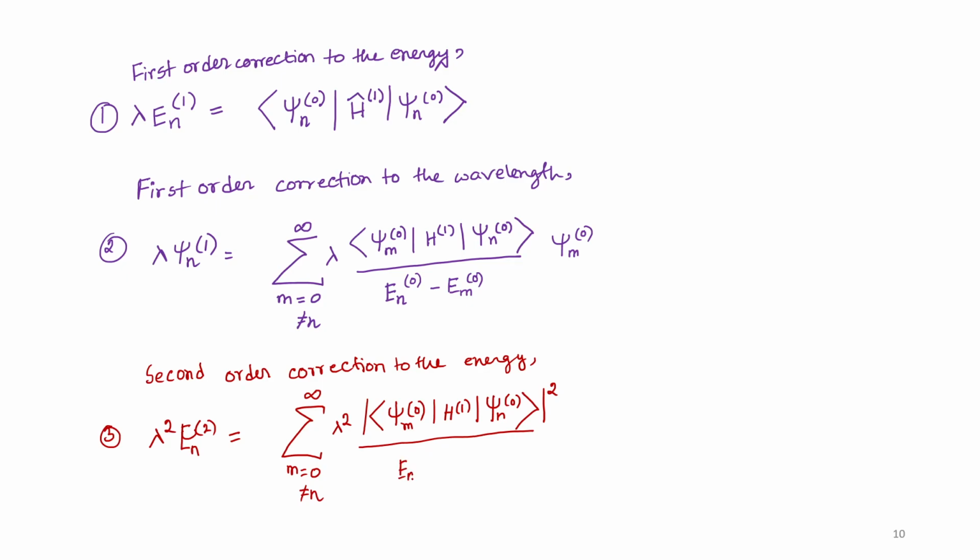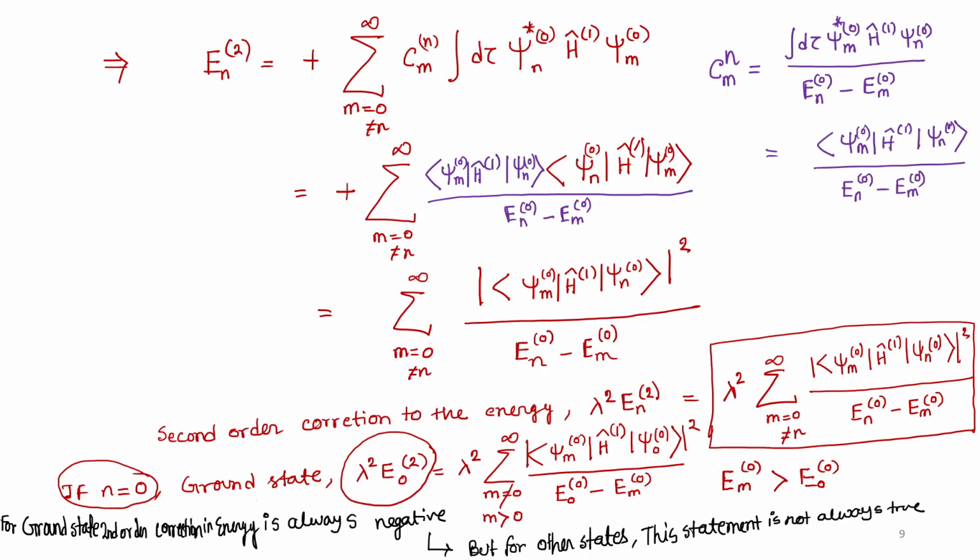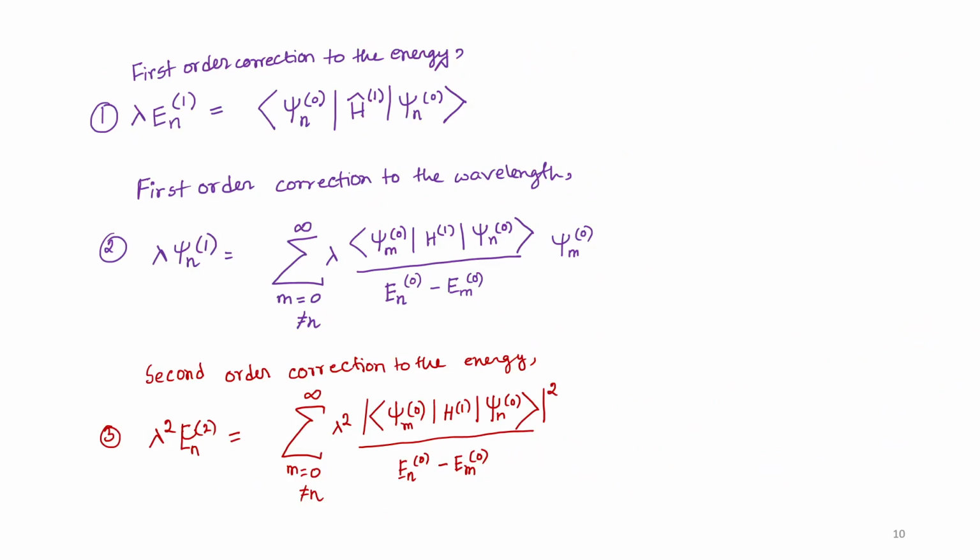If you remember what I am trying to say, 0 minus m naught, because you have to use this psi n 1th while solving or deriving the expression for second order correction to the energy. So this is actually your second order correction to the energy. Let us at least check once. Lambda square. Yes, we have done a good job then.